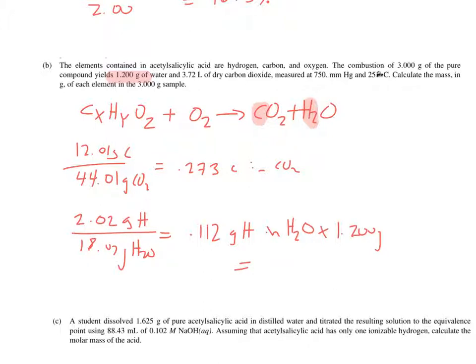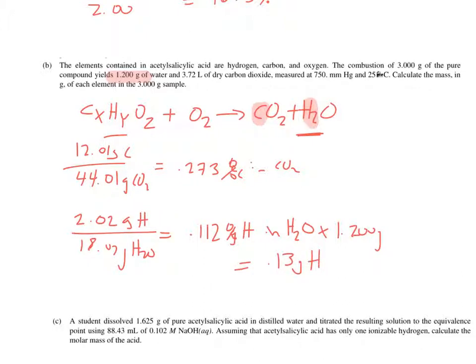And the law of conservation of mass says since water is the only source of hydrogen on the product side, then you have equal mass on the product side as you do the reactant side. So if I take 0.112 times 1.2 grams, because that's not the grams hydrogen, it's the percent hydrogen. This is the percent carbon in CO2. Anyway, you get the idea. The answer is 0.13 grams of hydrogen.